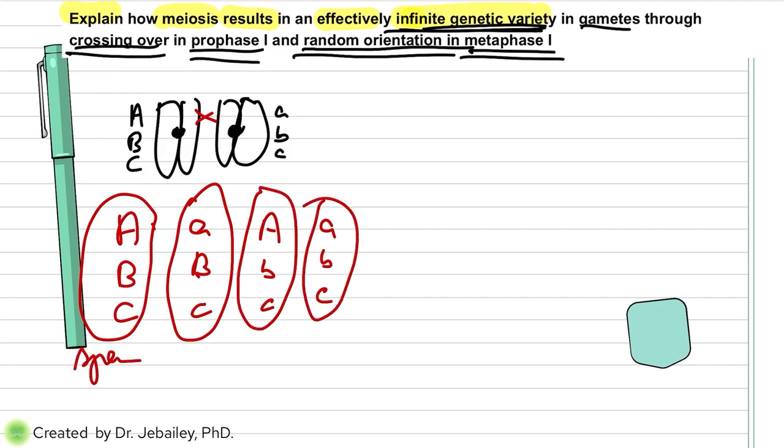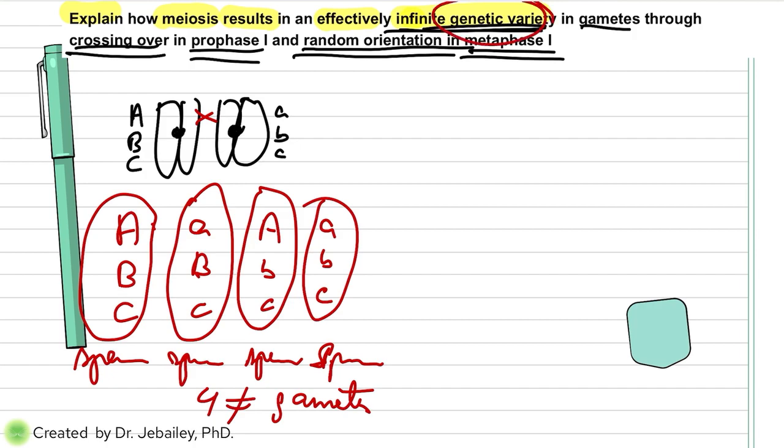So this is one sperm, this is one sperm, and this is one sperm, and this is one sperm. So these are 4 different types of gametes, and they all have a different type of genetic material. So that's what makes the genetic variety already happen.